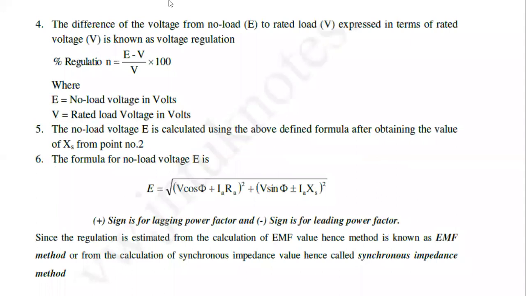Next, the difference of voltages from no load to the rated voltage, expressed in terms of the rated voltage, is the voltage regulation. What is the formula for voltage regulation? It is E minus V by V into 100, where E is the no load voltage and V is the rated voltage.